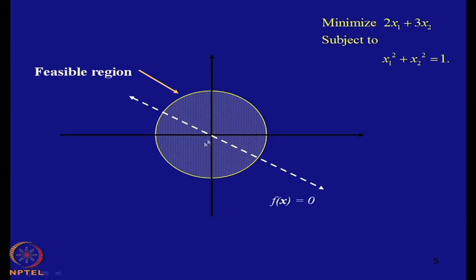The maximum value would be on the line that, as it moves like this, touches the circle at the last point, and if we increase the function beyond that, it will be outside the feasible region. So the possible maximum point may be here. Similarly, we can explain the minimum point as well.